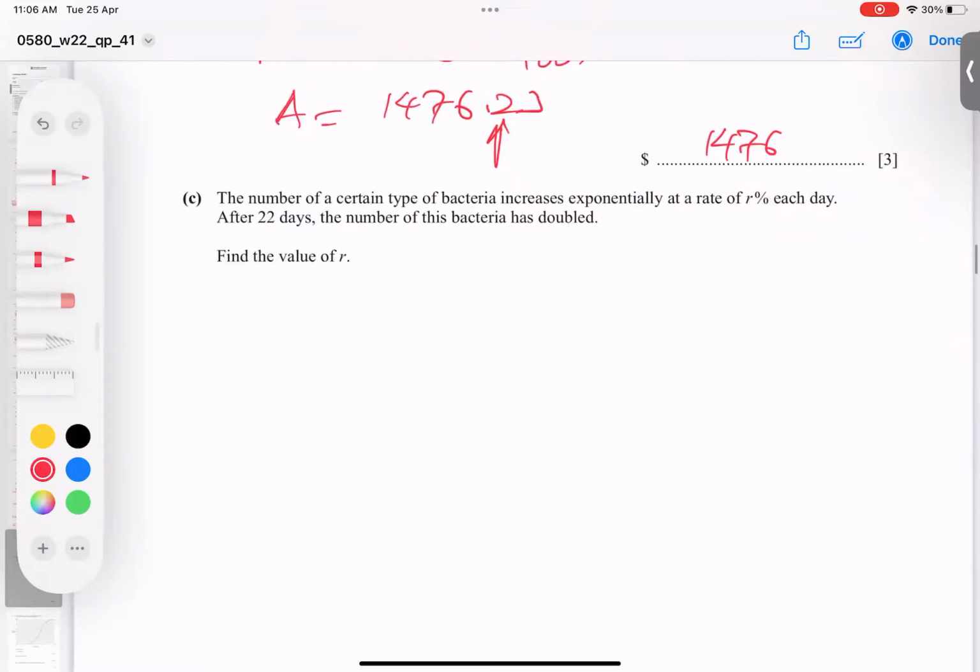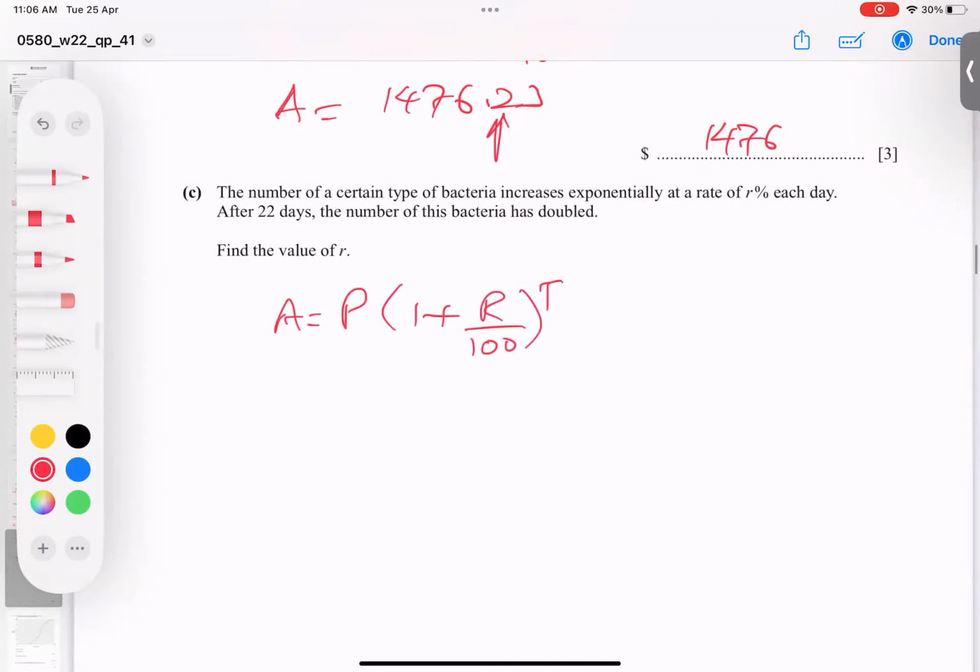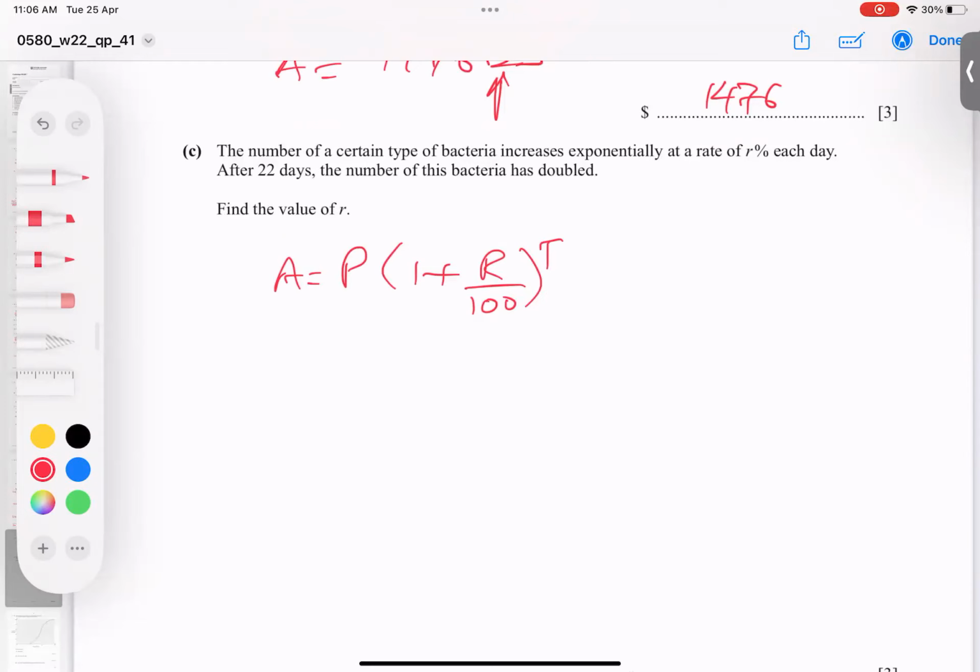Number of a certain type of bacteria increases exponentially. Again, I said before, the compound interest formula will come. And he's saying rate of increase, so what is R coming here? So this R for sure. Okay, he said 22 days after, so time is 22.